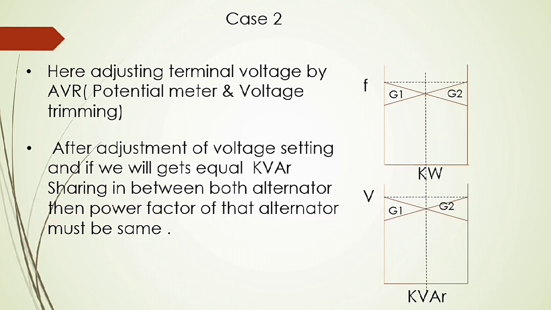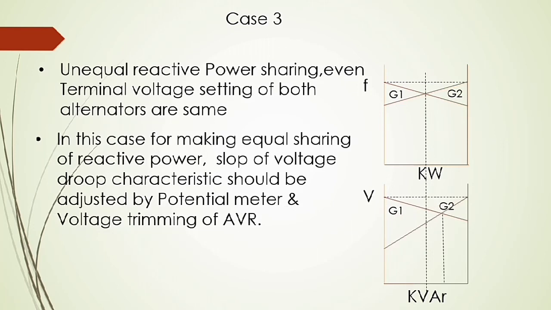So the next one, this was case 2, is case 3. This is the final case. Here the terminal voltage is the same. We made the terminal voltage setting the same using the voltage trimmer or AVR, but after that we still didn't get equal kVAR or equal reactive power sharing.